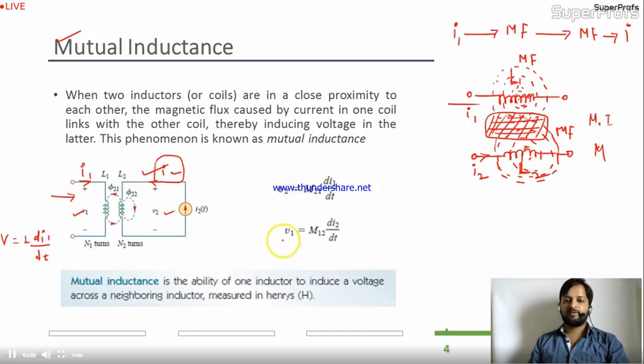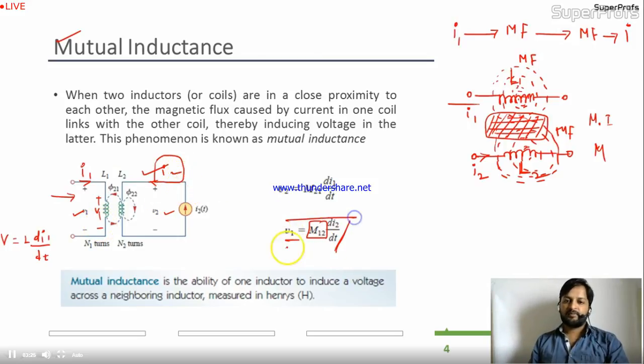So it will be given by, see over here, the V1. Suppose I am getting V1 over here because of I2, so I'll write M12, meaning 1 to 2, mutual inductance into di2 by dt. This is the voltage developed in the primary due to the current in the secondary.